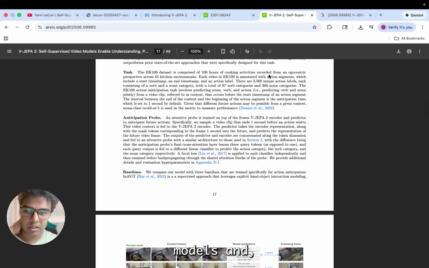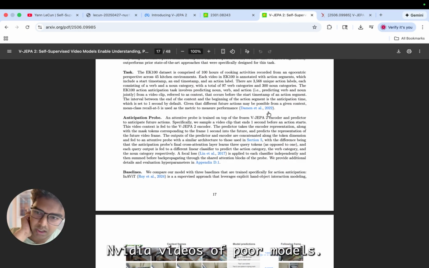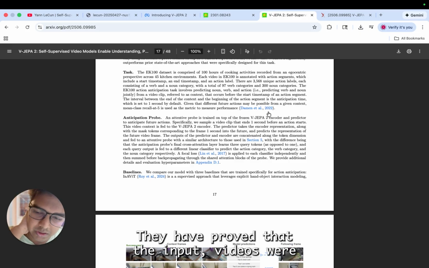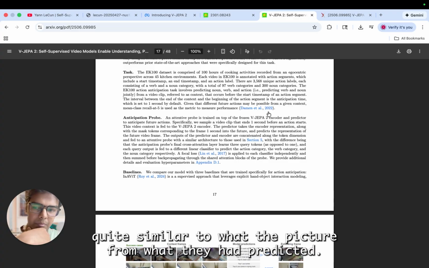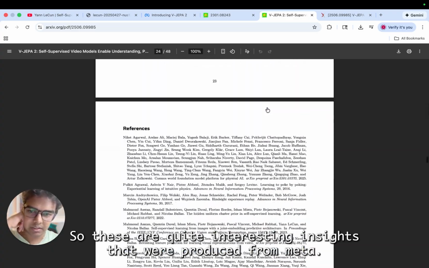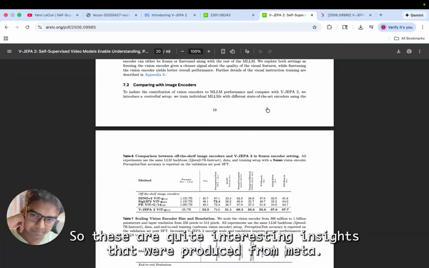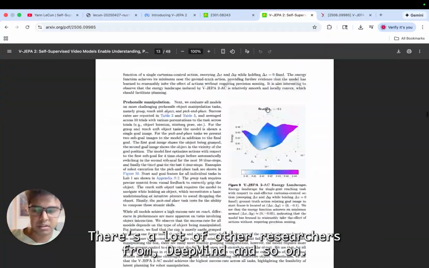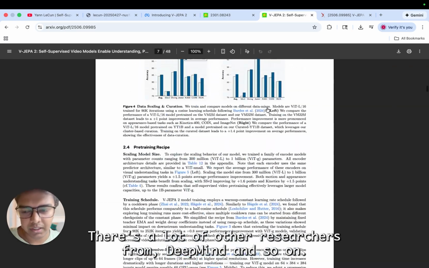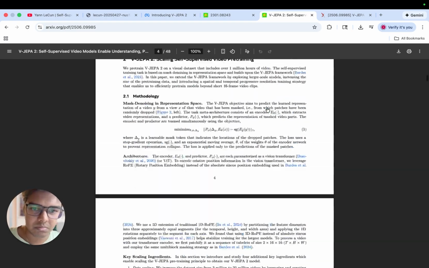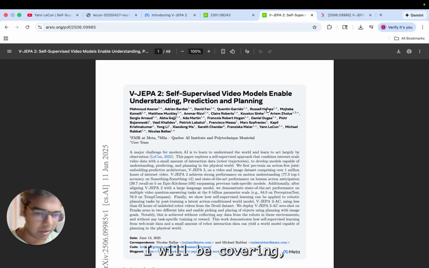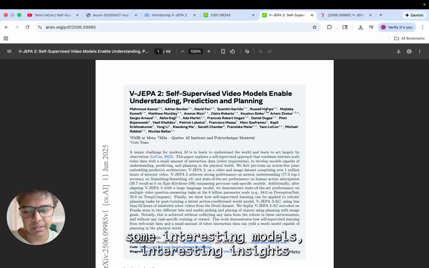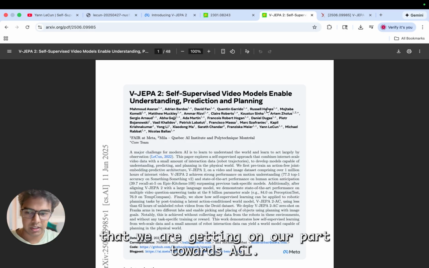And in vJEPA, or video JEPA models, they have proved that the input videos were quite similar to what the vJEPA model had predicted. So these are quite interesting insights that were produced from Meta. There are a lot of other researchers from DeepMind and several research institutes working on several new models. I will be covering some interesting models, interesting insights that we're getting on our path towards AGI.